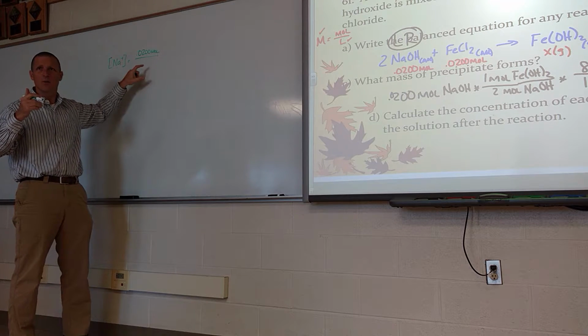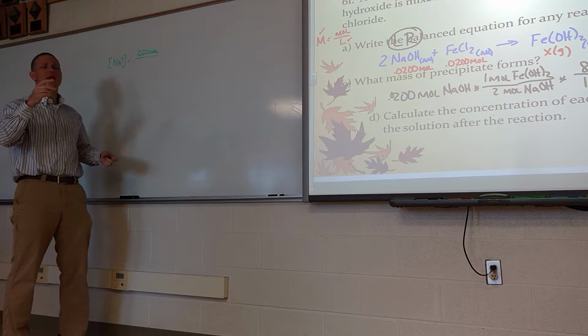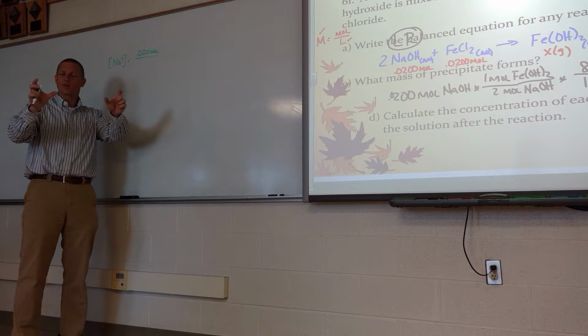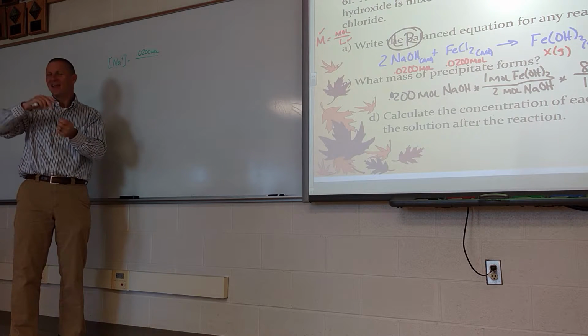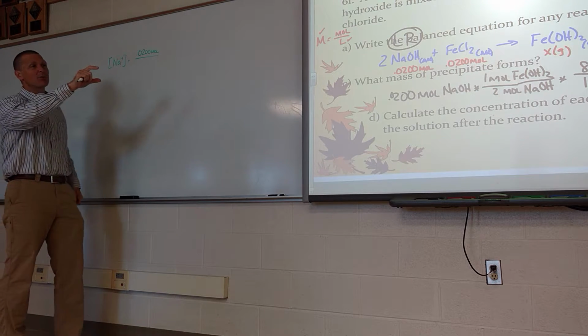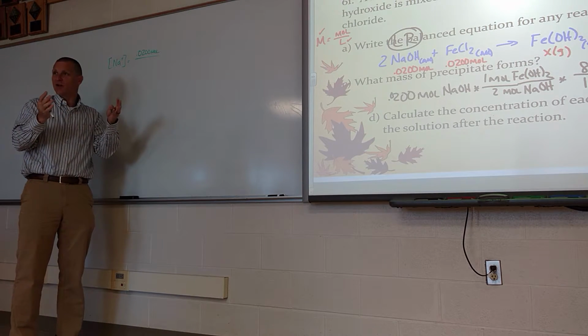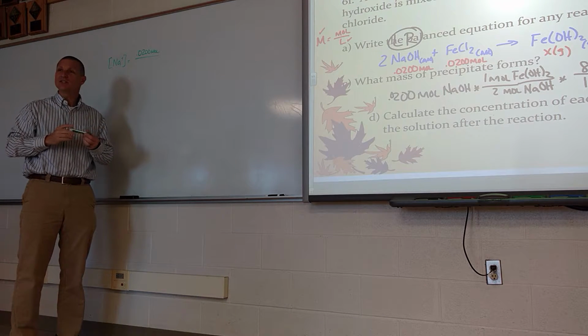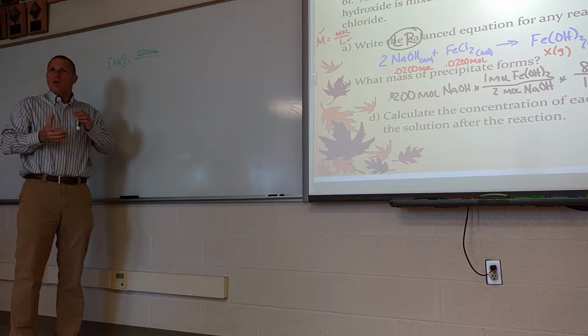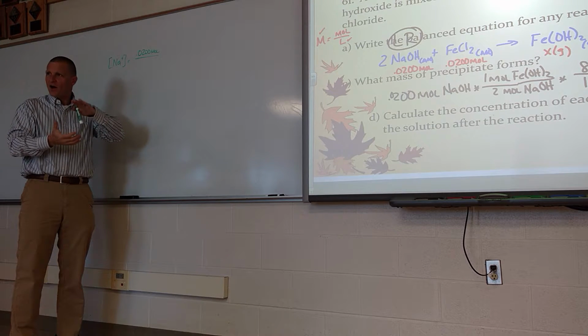That's correct. Why? Because we have 100 ml of one solution put together with 100 ml of the other solution. The volumes will be additive. And usually, in the book problems, they'll say, assume the volumes are additive. So I want you to remember, anytime you mix solutions together, everything becomes more dilute. The volume goes up.